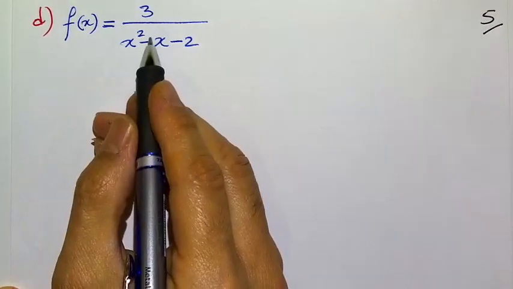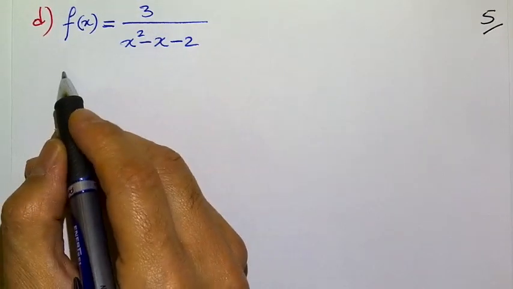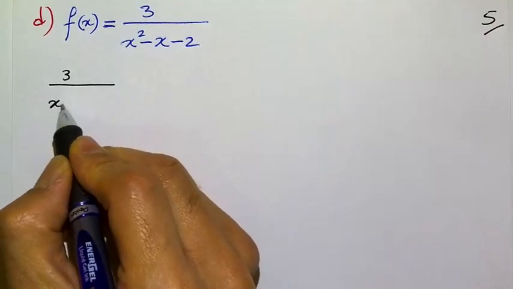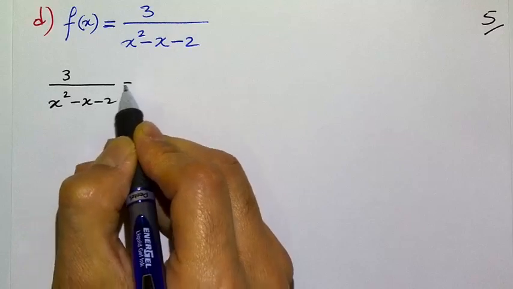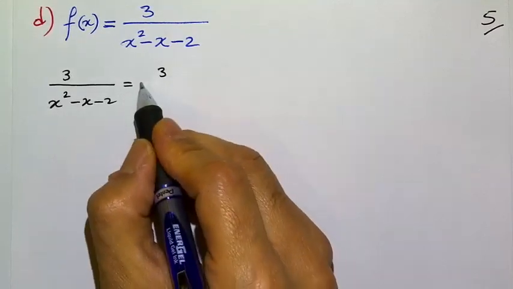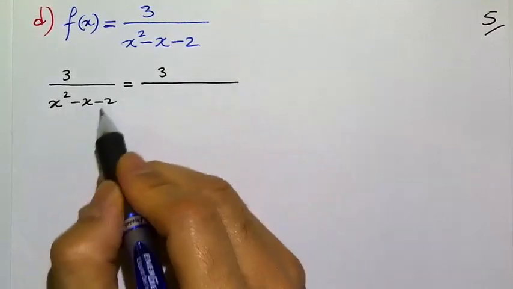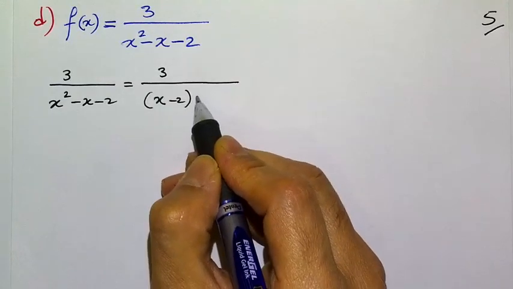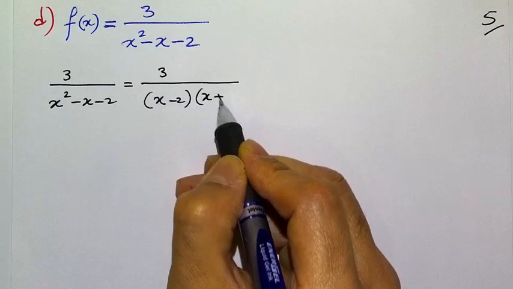So this can be written as three over, we can easily factor this. This would be x minus 2 times x plus 1.